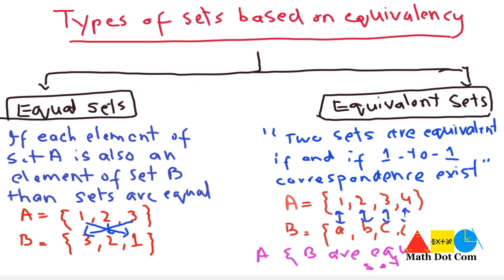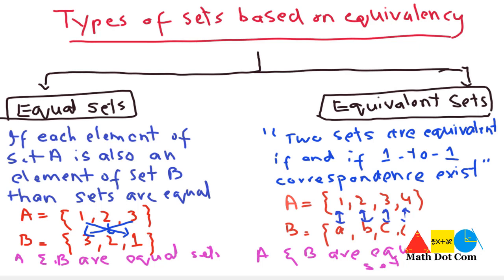And the same thing is here, that A and B are equal sets. So the difference between them is, in equal sets we are concerned with the number of elements as well as the elements itself, while in equivalent sets we will only check the number of elements, either they are equal or not. So this is how they are different from each other.